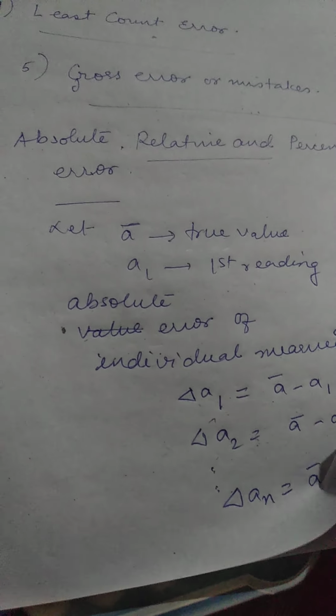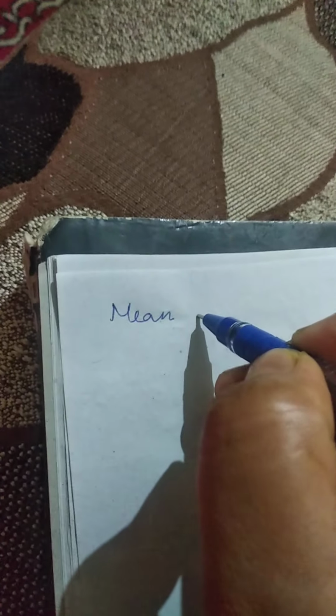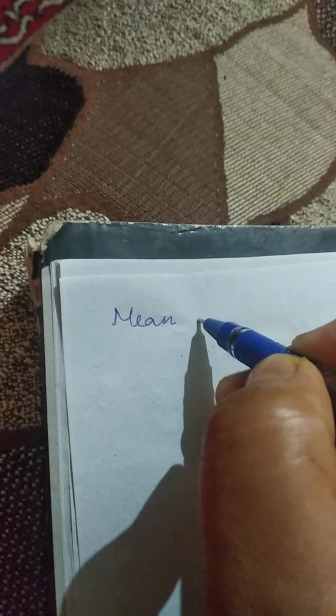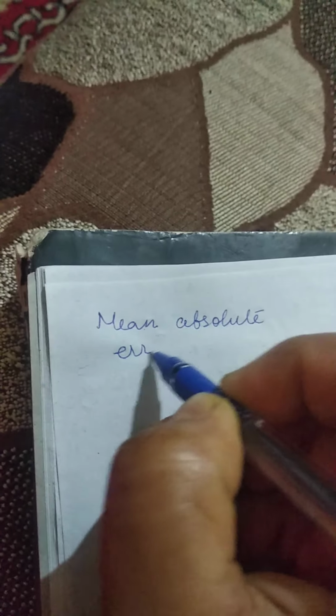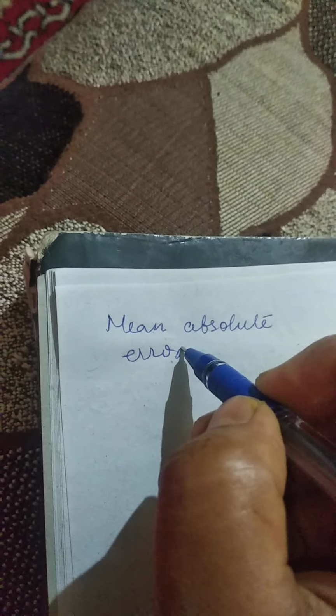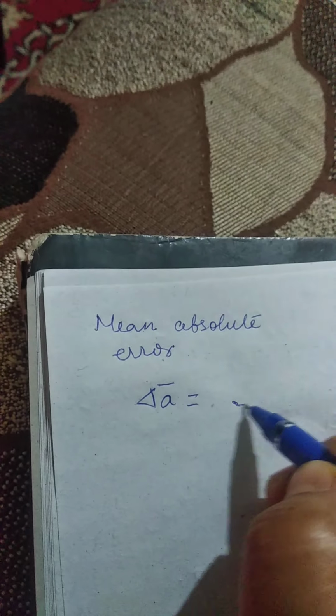Now comes the mean of all these absolute values. How to find the mean absolute error? The mean absolute error will be the mean of all the values you have taken just now.